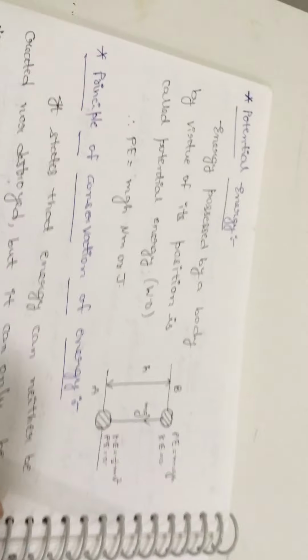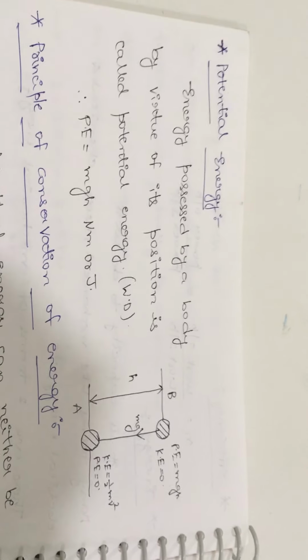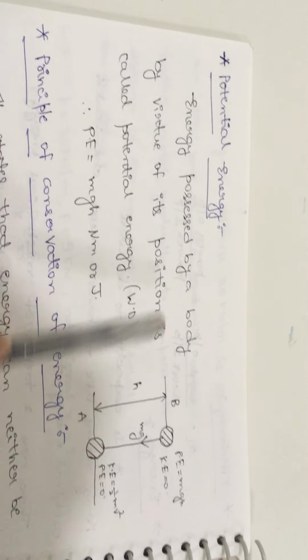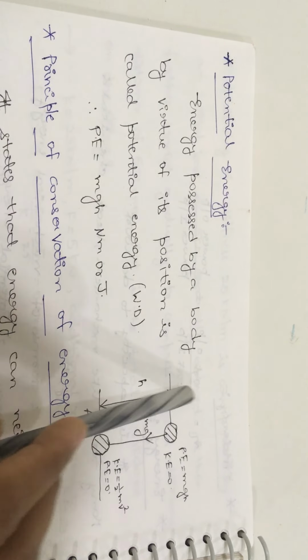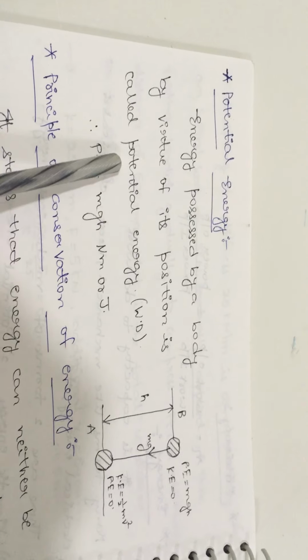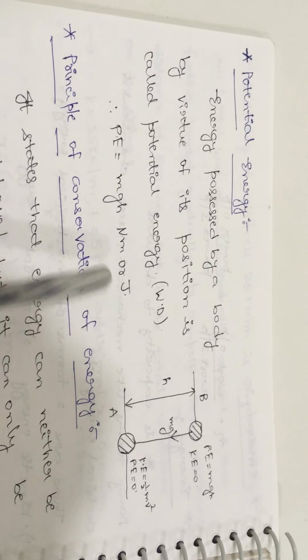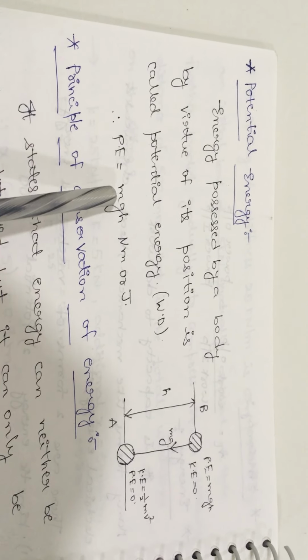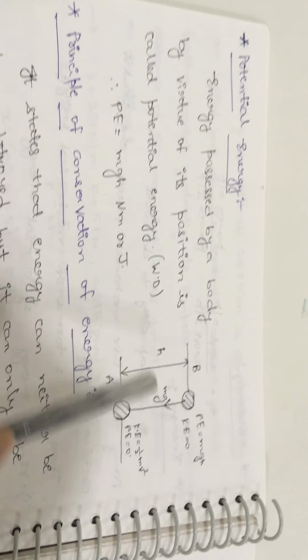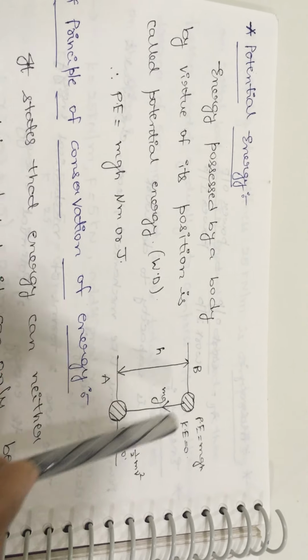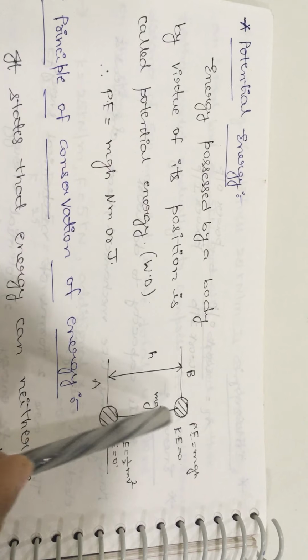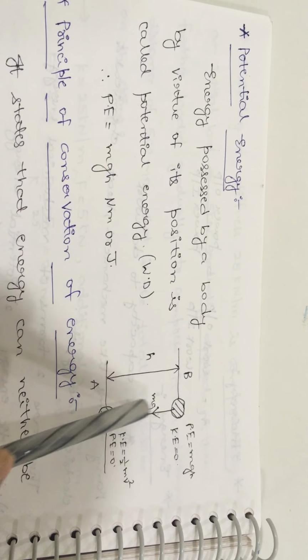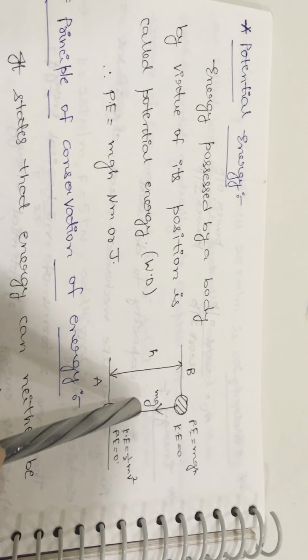Now what is meant by potential energy? Energy possessed by a body by virtue of its position, that is nothing but height, is nothing but a potential energy. And the formula for the potential energy is given by mgh. So here observe the diagram. Here mg is nothing but the gravitational force, weight force, which is acting in the downward direction. So mg.